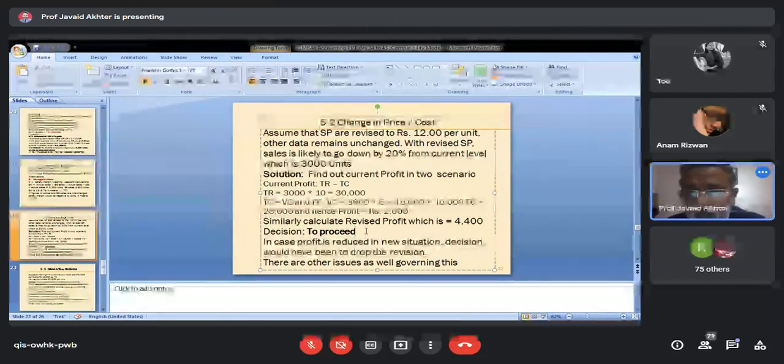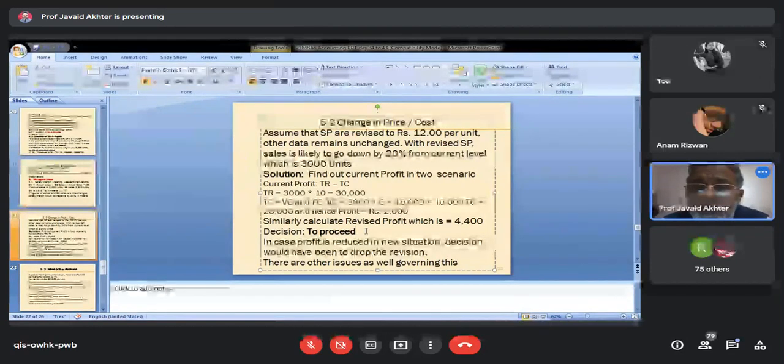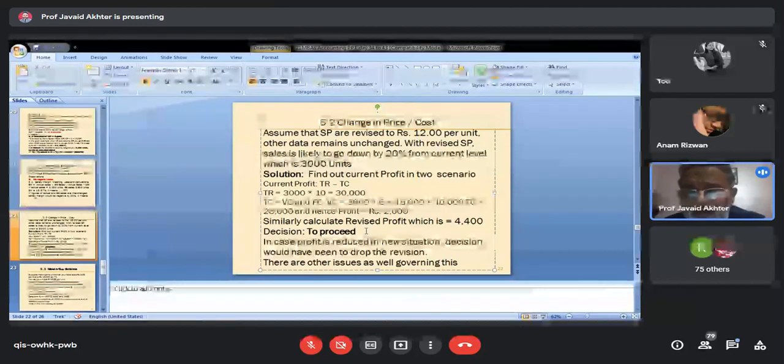The demand is likely to go up by 10%. What should be the decision? You must show all calculations.